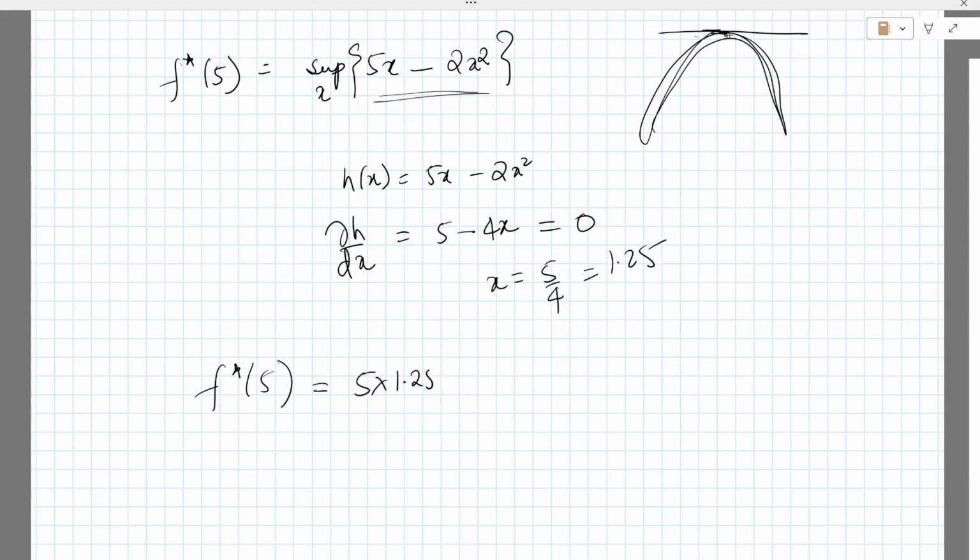So 5 times 1.25 minus 2 into 1.25 square. So 25 by 4.